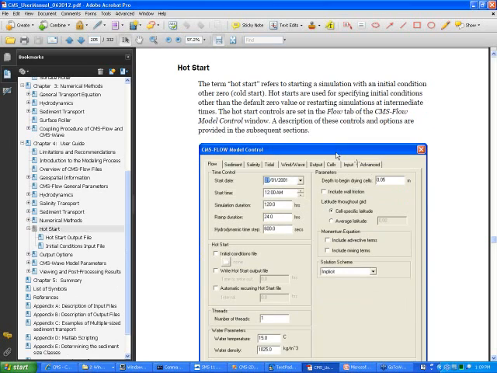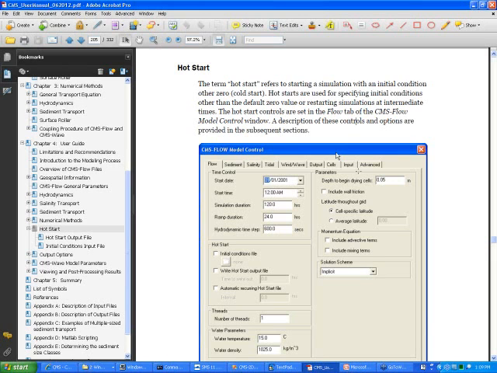The default initial condition for CMS is a cold start, and that means that all of the variables, current velocities, water elevations, concentrations, everything is set to 0. So you have 0 energy, basically it's cold. The second option is to do what we call a hot start, and when you specify a hot start, you need an initial conditions file.